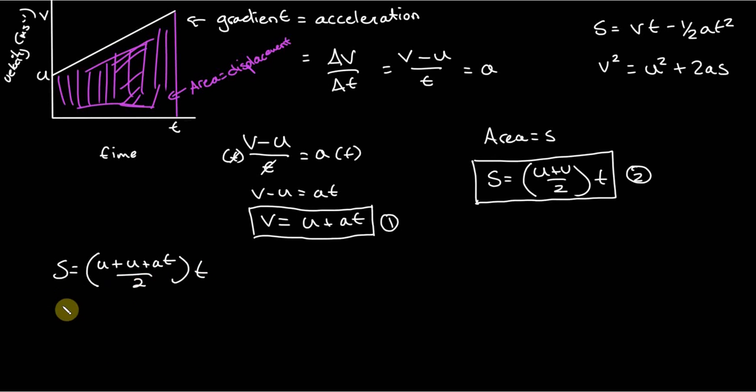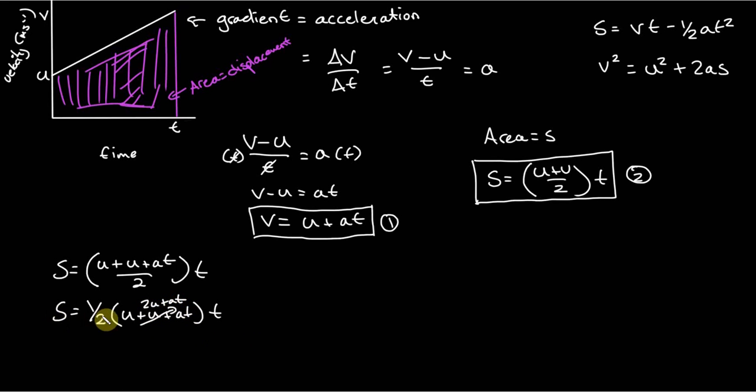And now we can actually rewrite this. We can pull 1/2 out of front, times u plus u plus at, times t, just to make things a bit more explicit, and we can simplify what's in the parentheses here, which is u plus u is 2u plus at, so we can write 2u plus at.